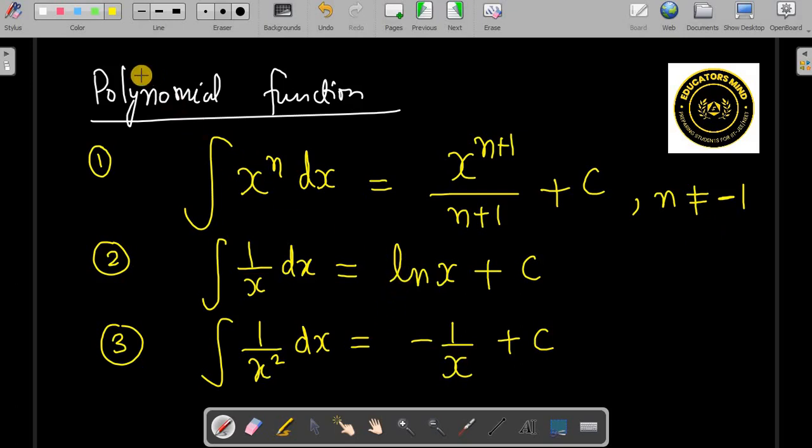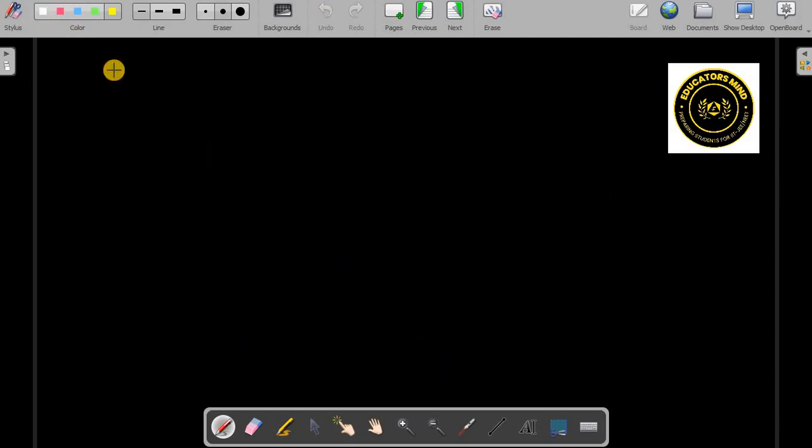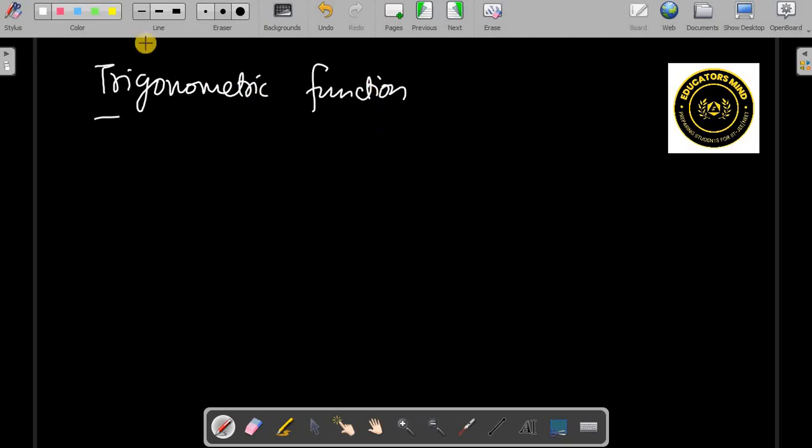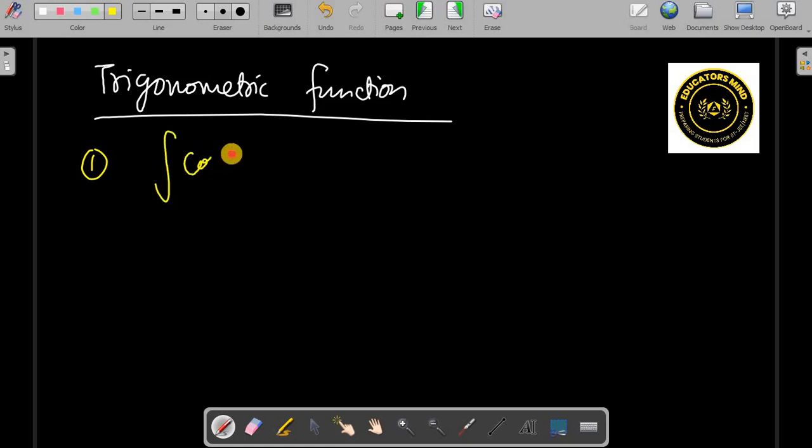Okay, then let us take trigonometric functions. Just like the differentiation of sine is cos, the integration of cos x with respect to x is sine x plus c, right?